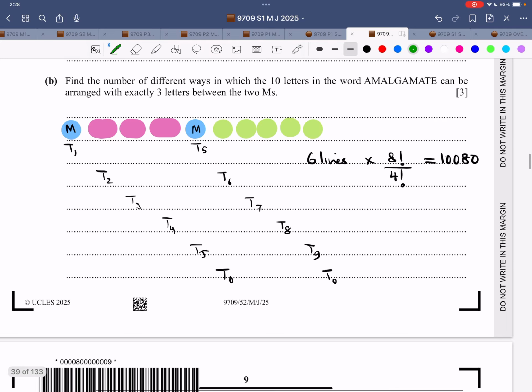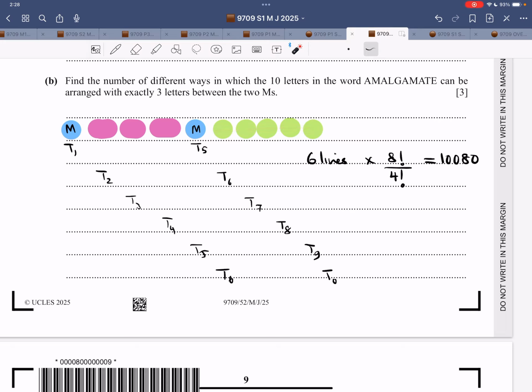The next one: find the number of different ways in which the 10 letters can be arranged with exactly 3 letters between the 2 M's. So this one, you have to write it out. There is an M in the first position. Then 1, 2, 3 blank, then the 5th position, and then 1, 2, 3, 4, 5. It doesn't make a difference where the A's are, where LGTE is.